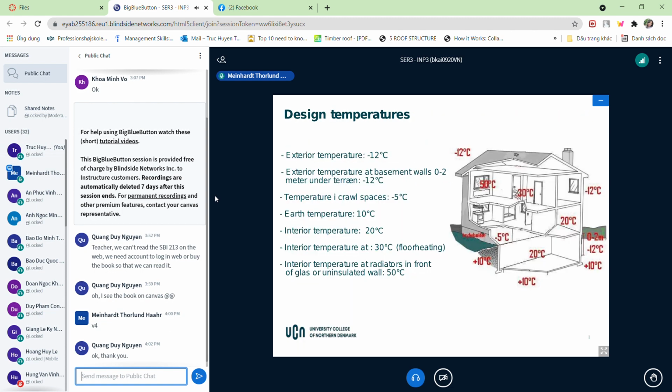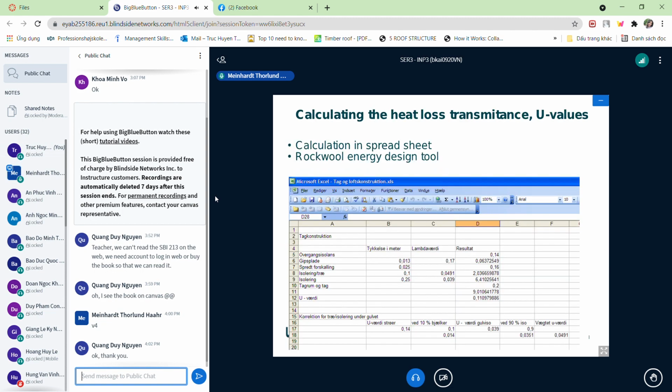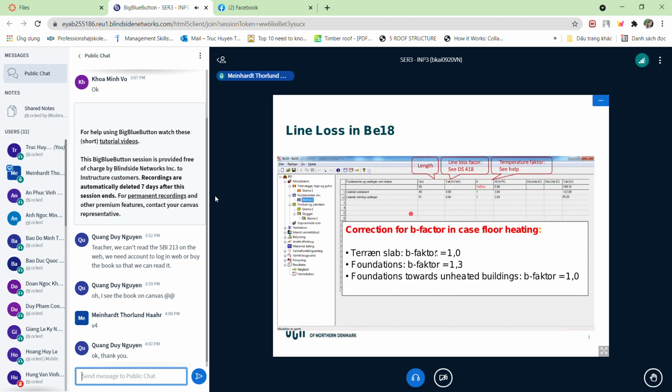So basically, calculating the U value is something that you have probably done before, last semester. When we come to linear losses from the foundation and around the windows, it's basically the same. We have the length, the linear loss factor, and the temperature factor.